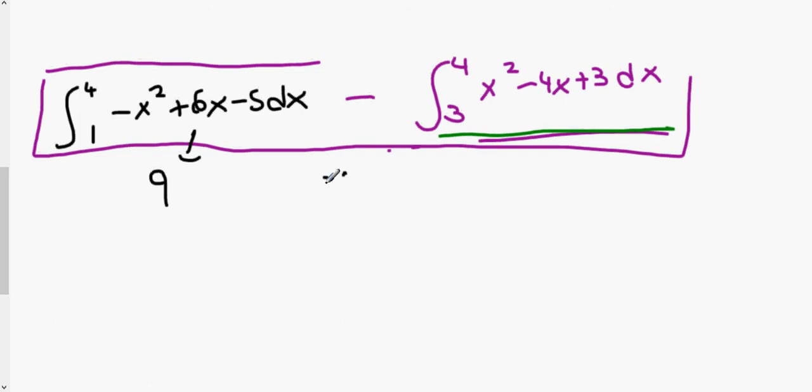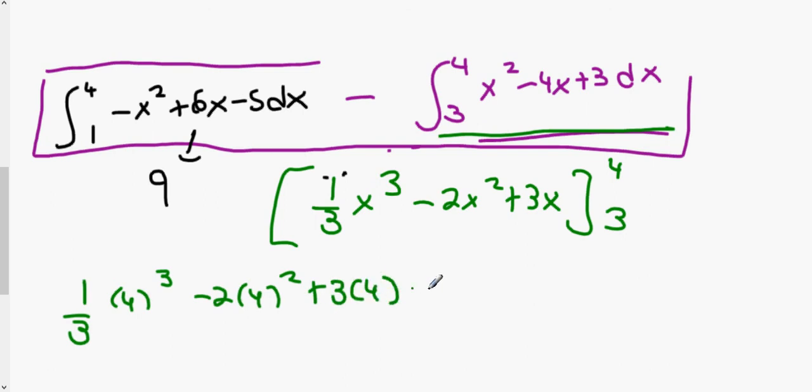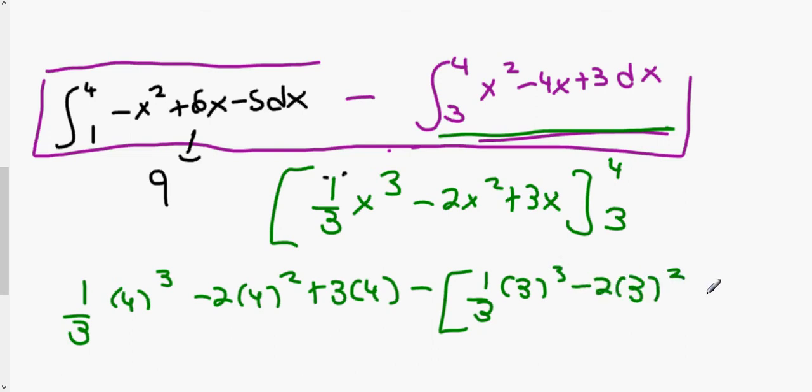Once again we're going to integrate, and we're going to get a third x cubed minus 2x squared plus 3x from 4 to 3. Integrate it, you get a third 4 cubed minus 2 times 4 squared plus 3 times 4. Take away a third 3 cubed minus 2 times 3 squared plus 3 times 3.